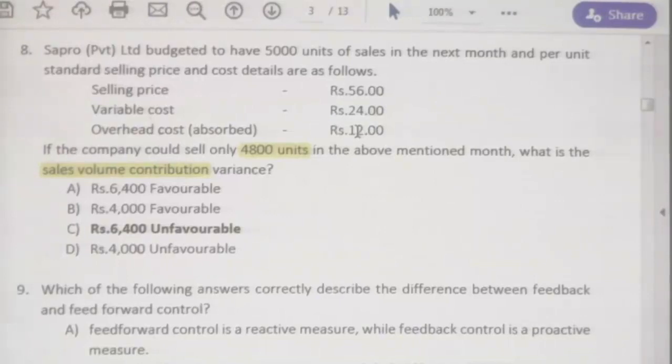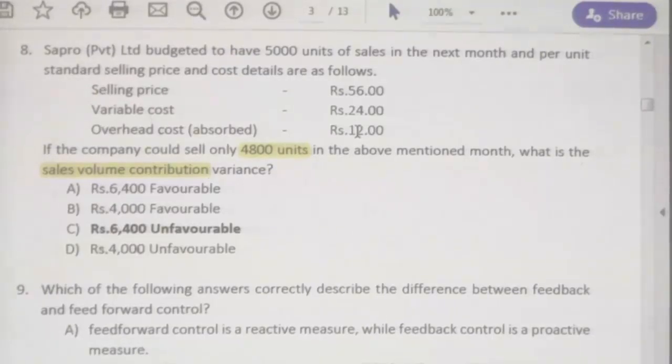Absorption costing technique will be used to absorb indirect cost among the productions. Can you remember in absorption costing what we are going to do? We will take all indirect cost, that is overhead cost, right? First you have to collect those costs, then you have to allocate those costs among cost centers, right? Then you have some indirect cost which cannot be allocated to cost centers, then you will apportion those indirect costs among cost centers using some scientific method.